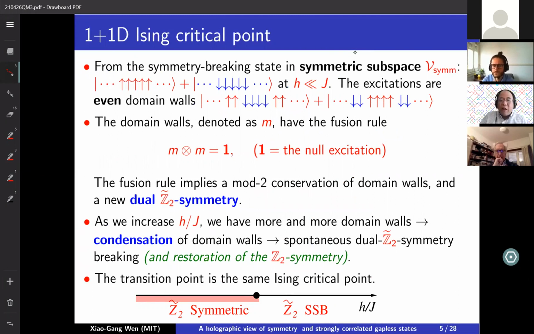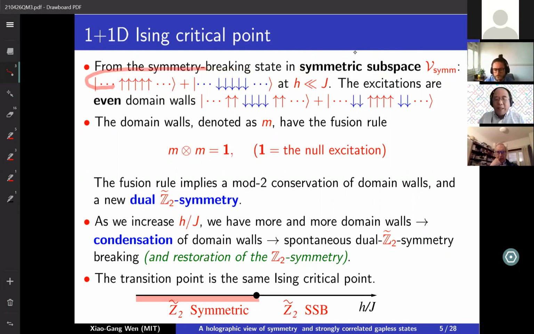That is, we can start with the symmetry breaking states. Okay, but we still restrict ourselves to the symmetric subspace. So that means we consider the all up plus all down superposition, which belongs to this symmetric subspace. Okay. So this is a ground state, all up plus all down.